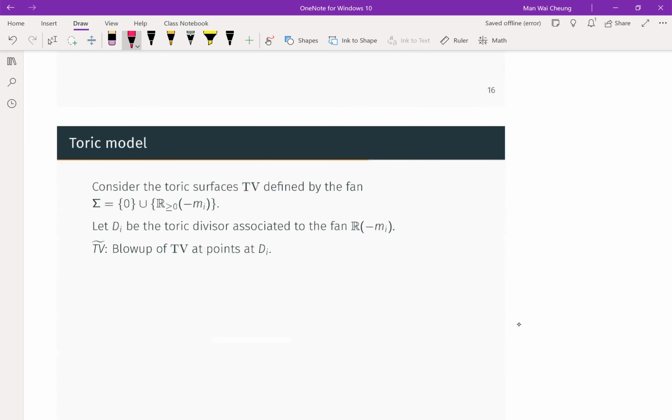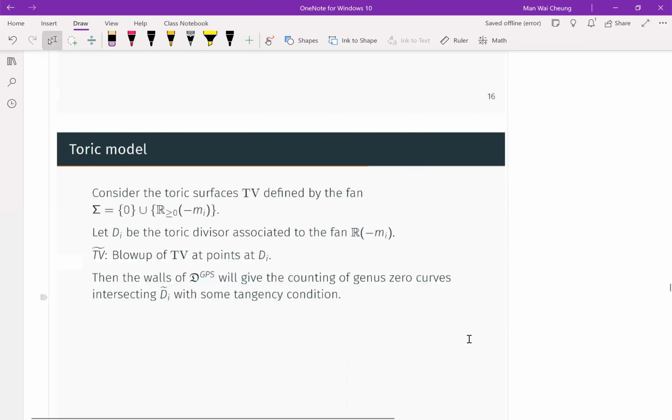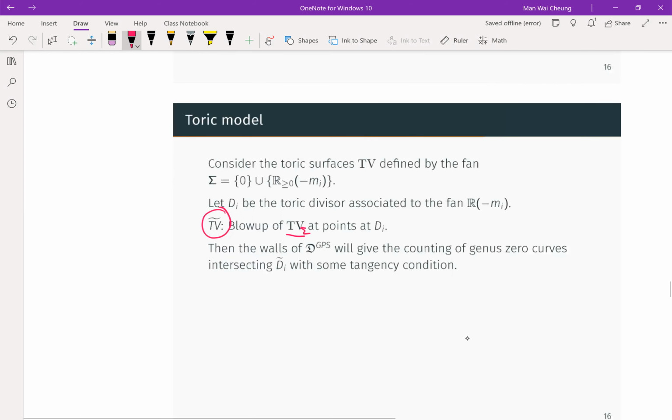We want to blow up points on the divisor, and then we look at this toric variety, which is the blowup of the variety coming from the fan at the points on the divisor.